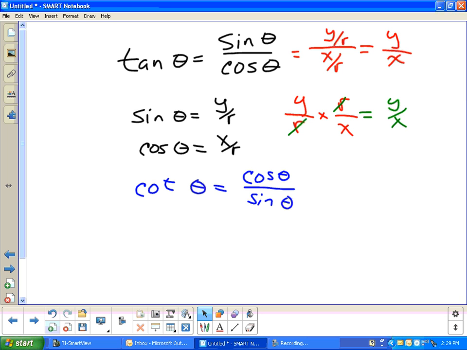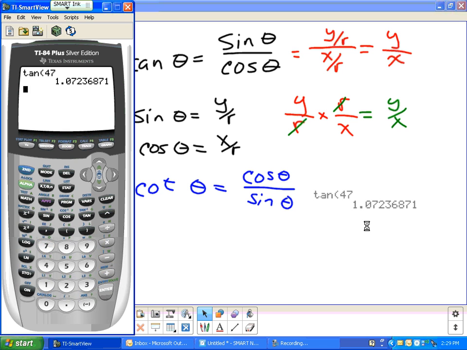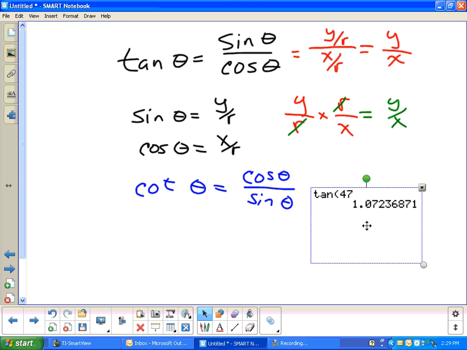Now I want to show you that it really works. So give me your favorite number between 1 and 90. 47. All right. Let's say the tangent button on your calculator is broken, and you can't go tangent 47 to say that it is 1.07236871. Just hold that number for a second.